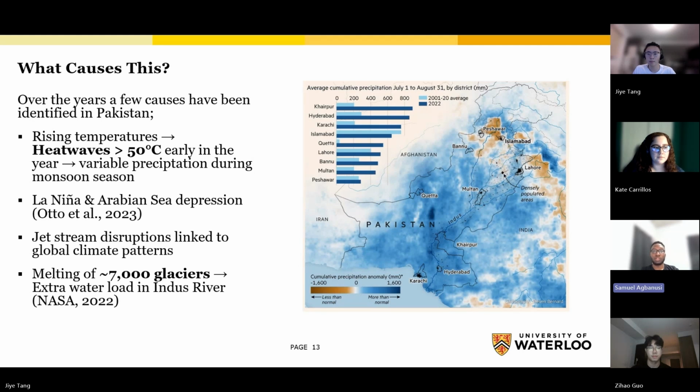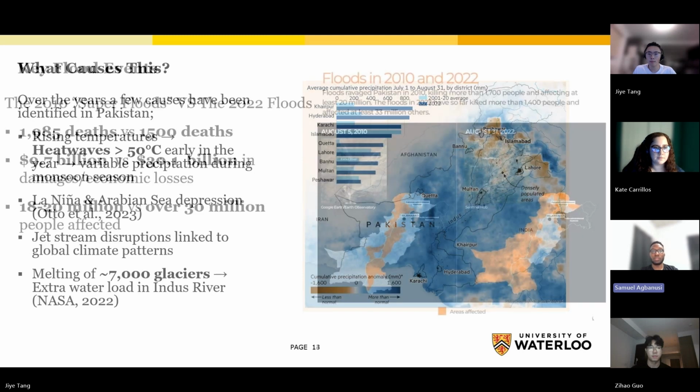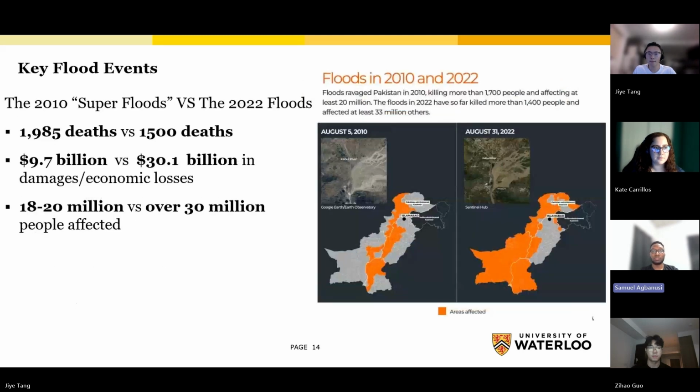Other causes identified from our research were jet stream disruptions and also the melting of Pakistan's 7,000 glaciers up north, which funnels excess water into the river systems down south, generally increasing the rates and quantity of flooding throughout the country.